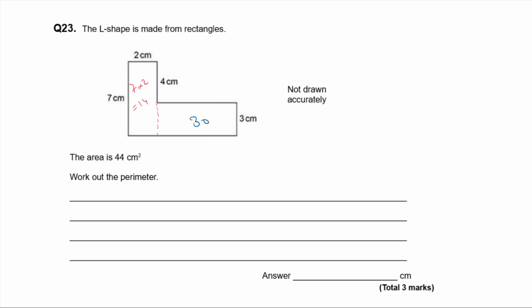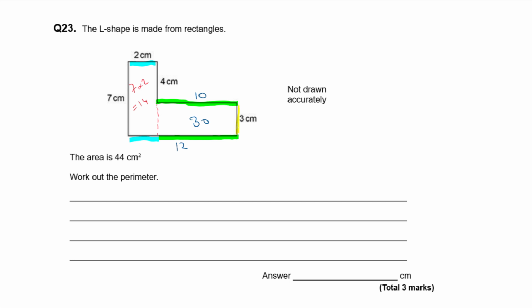Now I can see that this length here is 3. So that one there, when I multiply it by 3, I get 30. So that must be equal to 10, mustn't it? I might actually write it here because then it's not confusing with the other side. So that one there must be 10. Then the long side along the bottom must be the 10 plus that extra 2 up there, so 10 plus 2, that's 12.